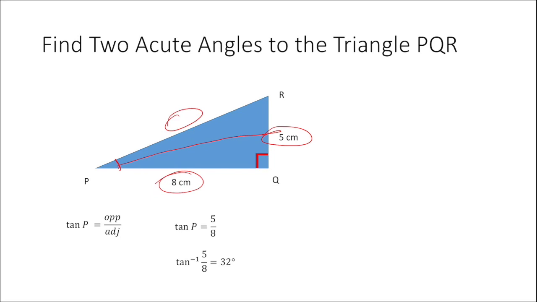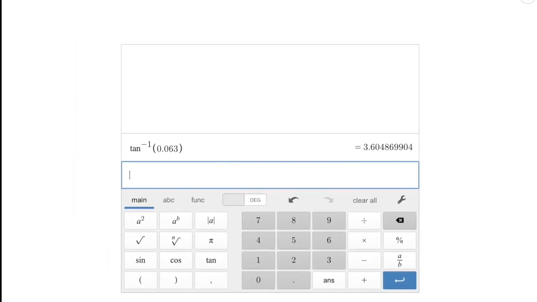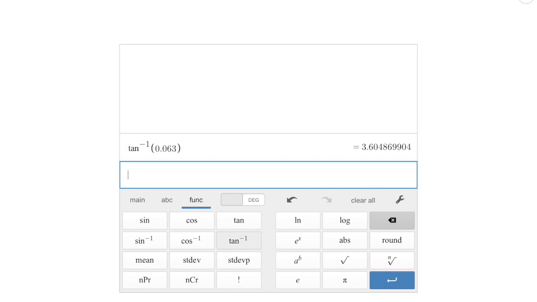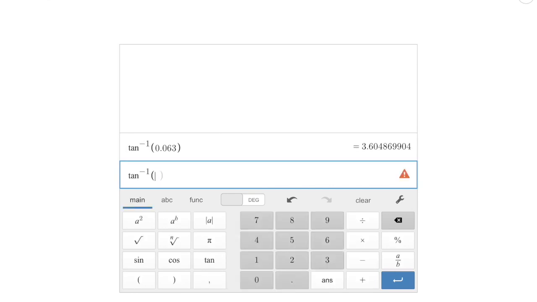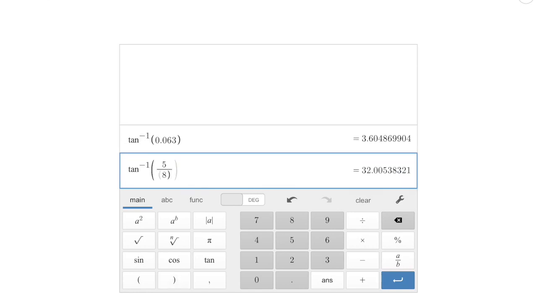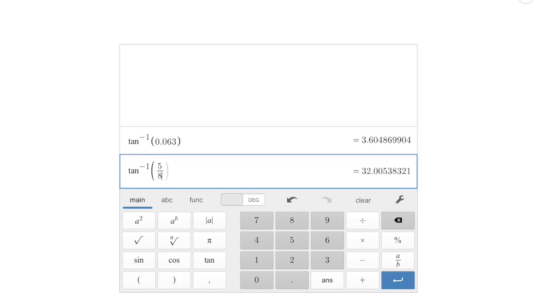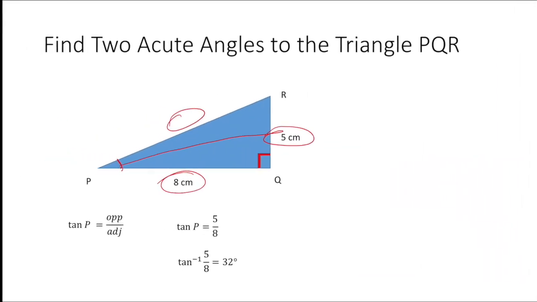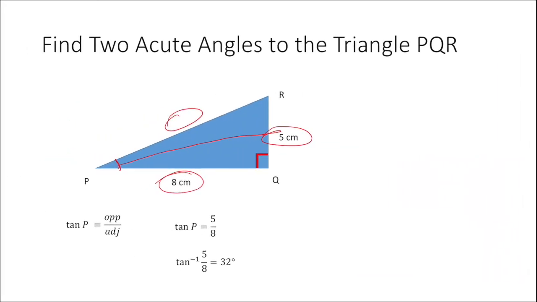Now we put this in our calculator: tan minus 1 of 5 over 8, close brackets. That's 32 degrees.